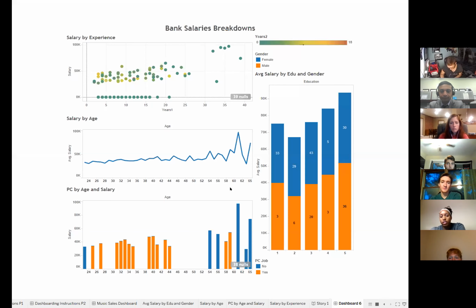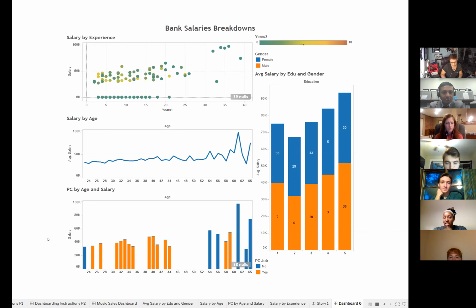So for the next graph, which is below the salary by age, we were looking at whether having a PC skill set would increase salary. And what the data infers is that it's not really giving you an increase of salary if you have that PC job. We also did it by age.